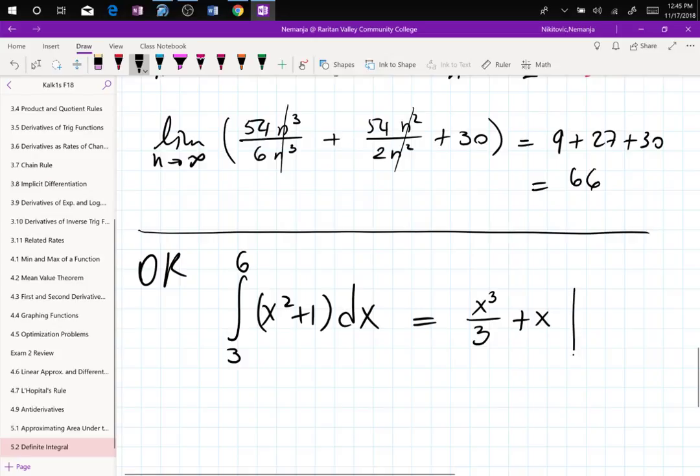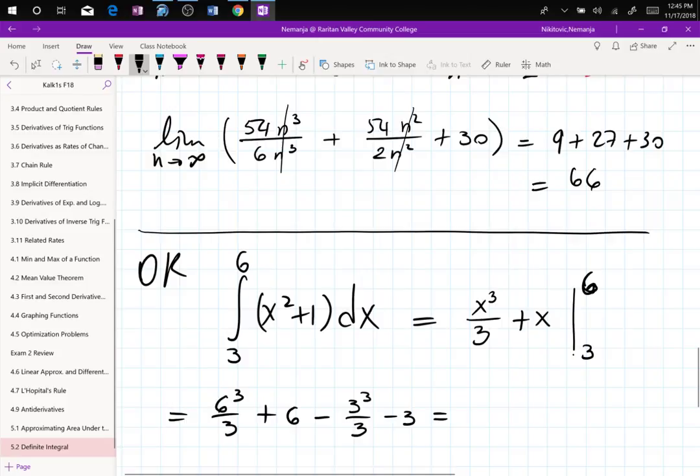And now the new notation is you put this vertical line and say compute from 3 to 6. I'll give the formula when I'm done. So this is going to be 6 cubed over 3 plus 6 minus 3 cubed over 3 minus 3.